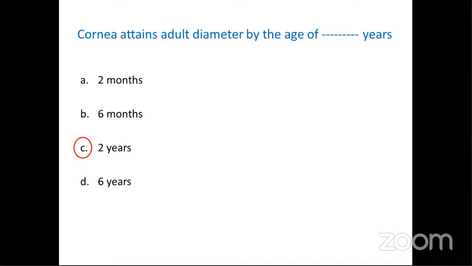But that kind of MCQ is not asked in any exam, because it depends on the child. Most children are not ready for comprehending visual acuity when you ask them to read it subjectively. But if you test objectively, then of course the visual acuity is already developed by the age of 2 to 3 years.